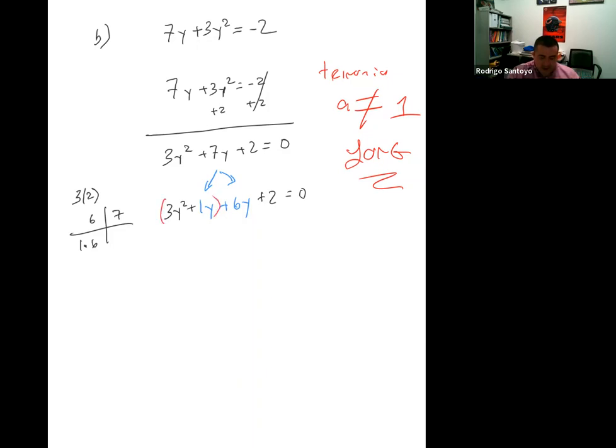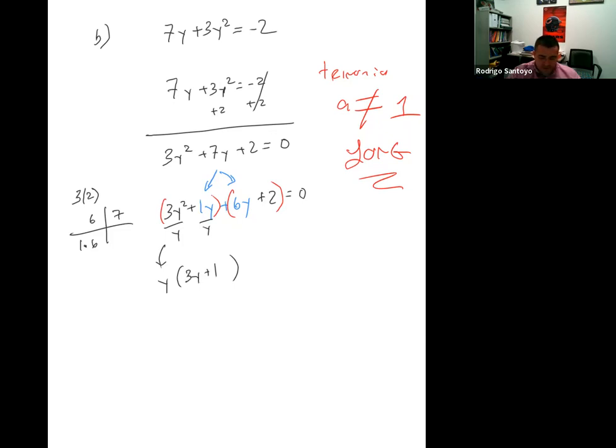All right. So now we do our factor by grouping here. We pull a GCF out of the first 2, and pull a GCF out of the second 2. So GCF of the first 2 is a y. That comes out. And what are we left with? 3y plus 1. Very good.